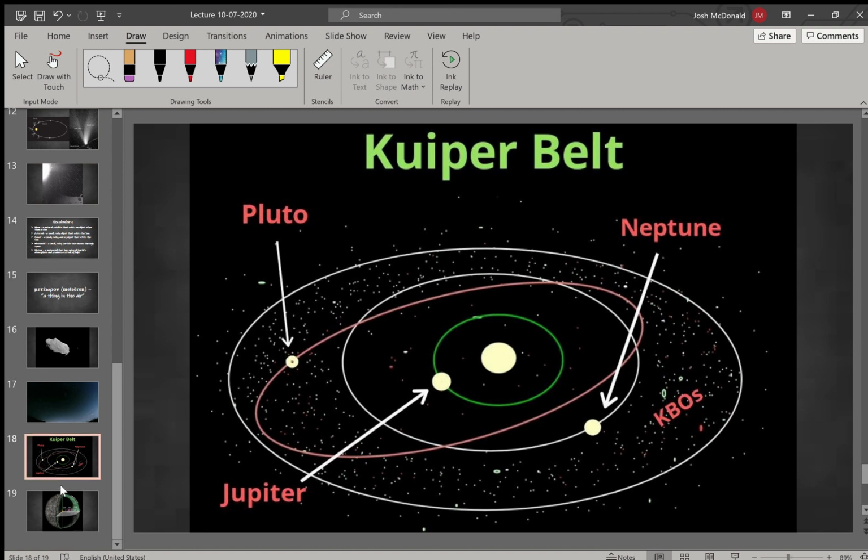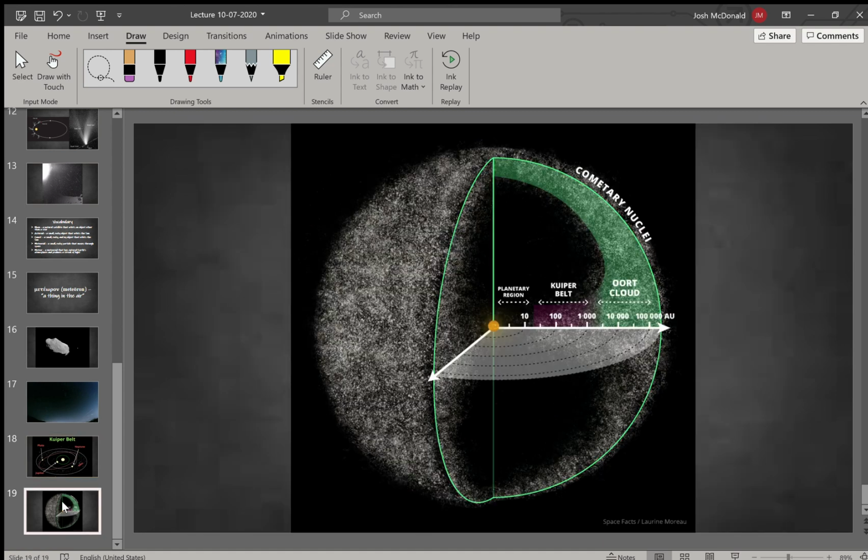But then we have this hypothetical area outside of the Kuiper Belt. Now, the Kuiper Belt would still be close to the same plane as the orbits of the planets, because if you remember, as the protoplanetary disk was forming, it flattened out.